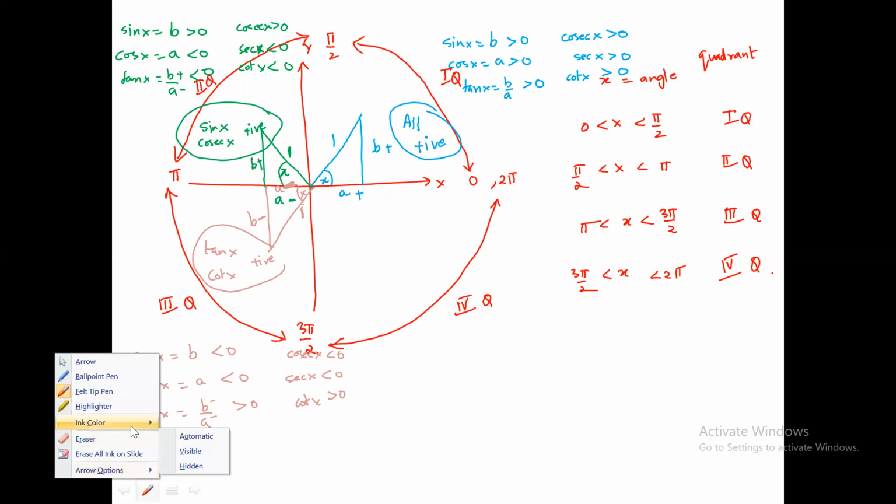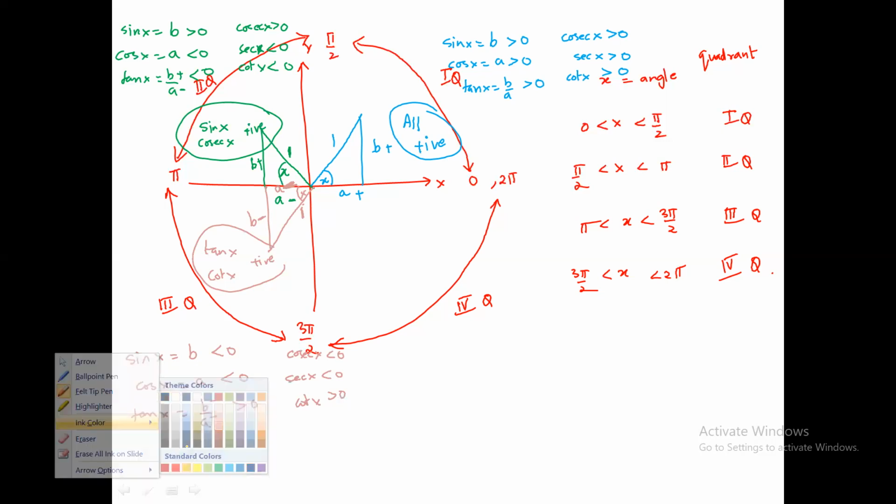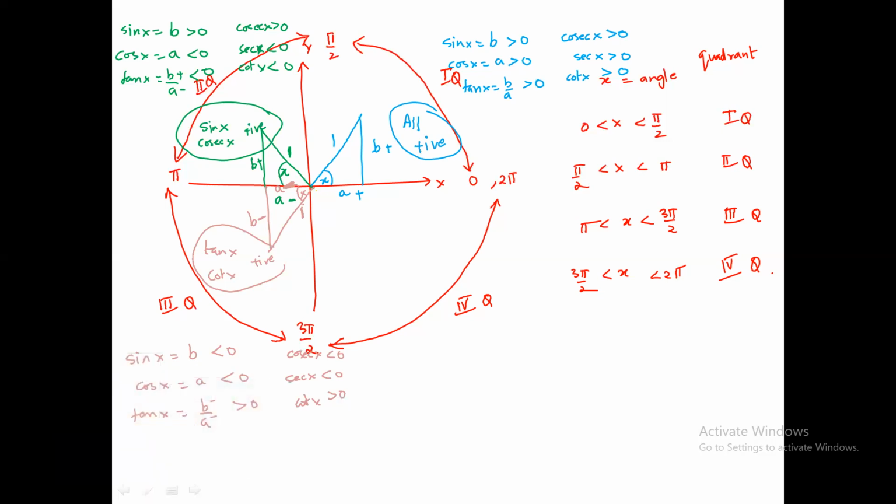Coming to the fourth quadrant. In the fourth quadrant, if you draw a triangle, A will be positive, but B will be negative. Hypotenuse is 1. So sin x is B by 1, but B is negative. Cos x is A by 1, and A is positive.